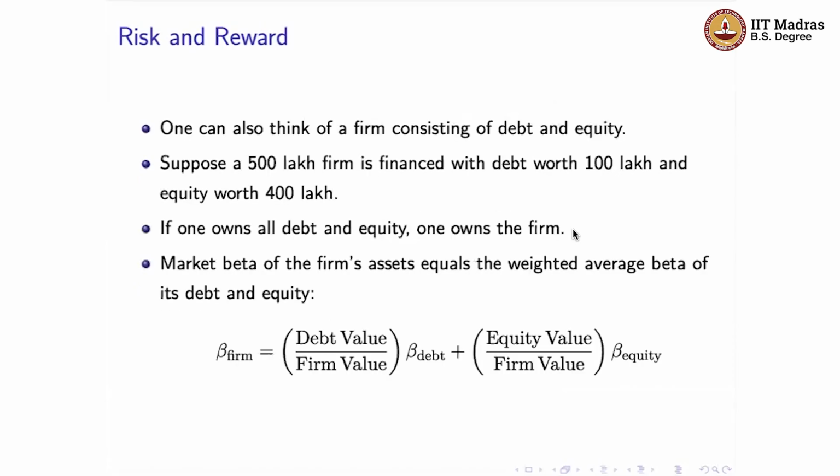Okay. The other way of thinking about a firm is to think of a firm which consists of debt and equity, right? So suppose that you have a 500 lakh worth of firm which is financed by debt worth 100 lakh and equity worth 400 lakh. So if one owns all the debt and equity, therefore one would own the firm. Now, how should we think of the market beta?